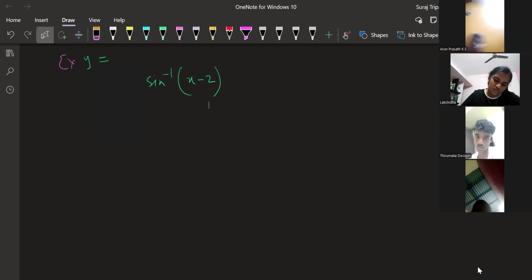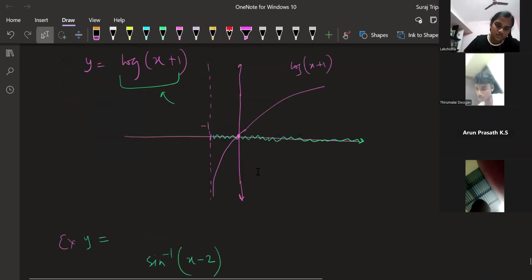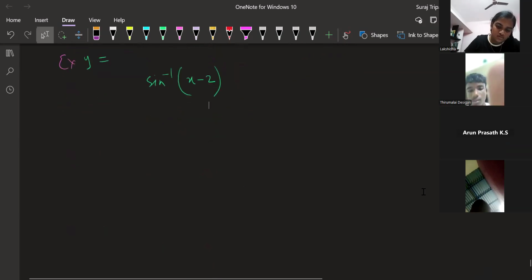Sir, drawn, sir. I'm sending it in the group, sir. Show me the graph. Sine inverse of... Yes, yes. Show the graph.